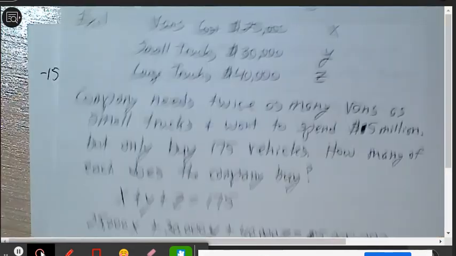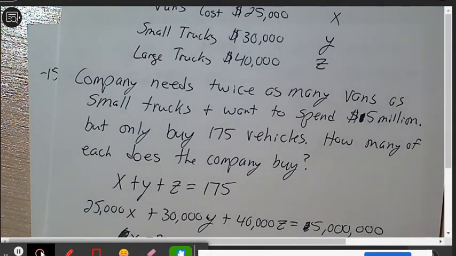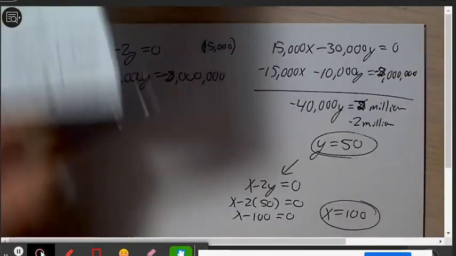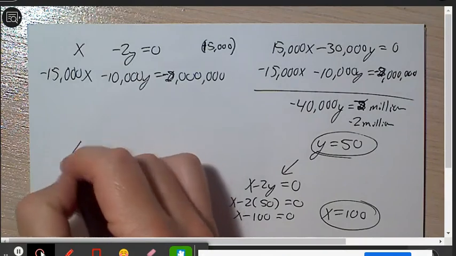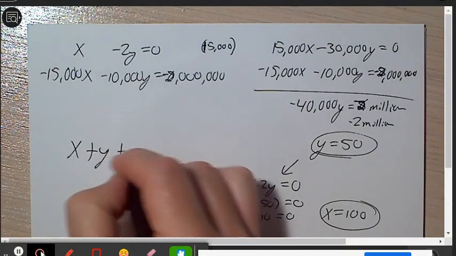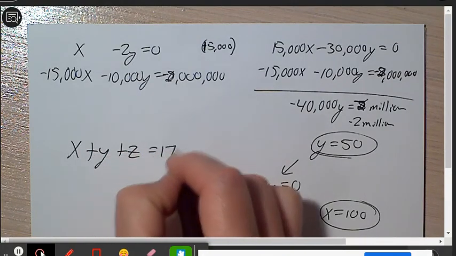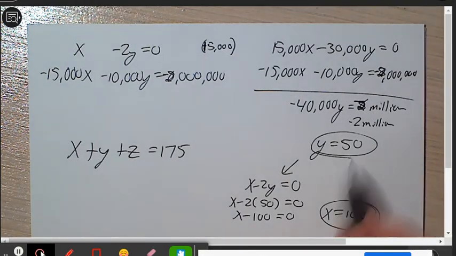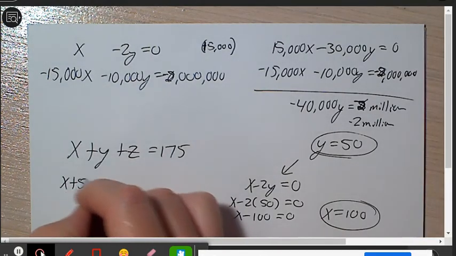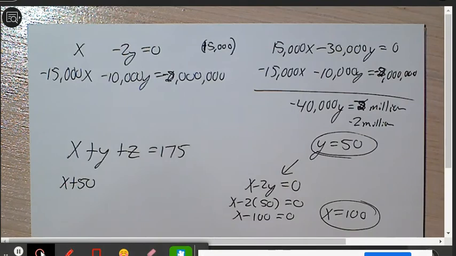Okay, and then I'm going to stay away from that one because it's huge. We're just going to go to x plus y plus z equals 175. So we've got y is 50, x is 100.